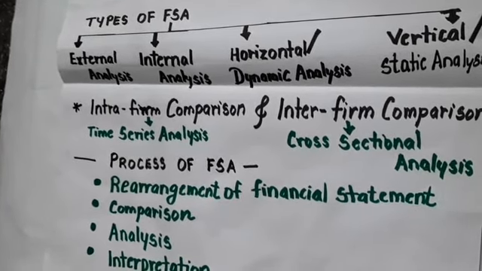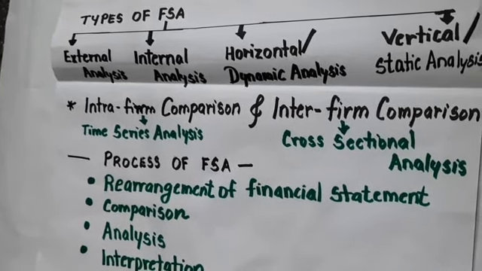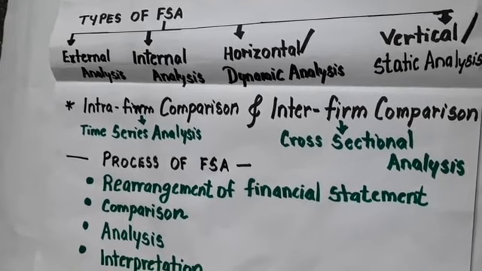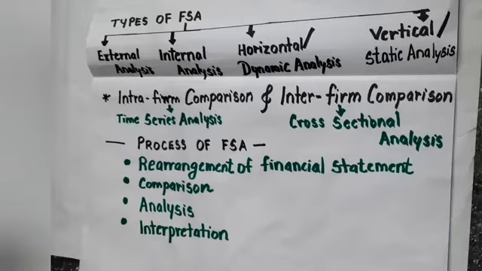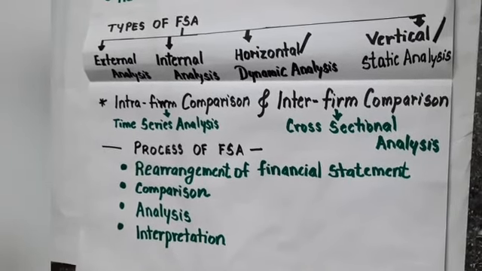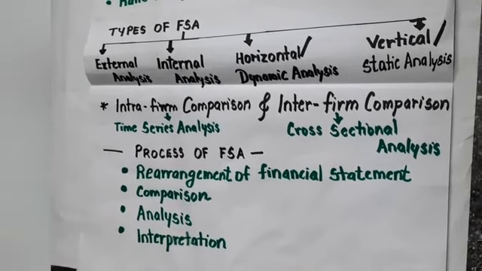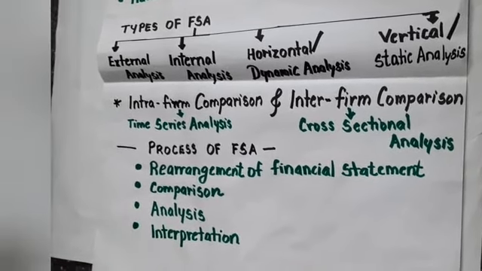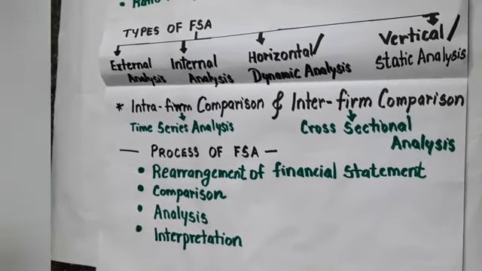This analysis is made to review and analyze financial statement for a number of years. It is also known as time series analysis. Vertical, otherwise static analysis. This analysis is made to review and analyze the financial statements of 1 year only. It is also known as cross-sectional analysis.